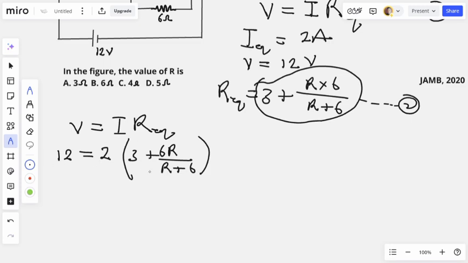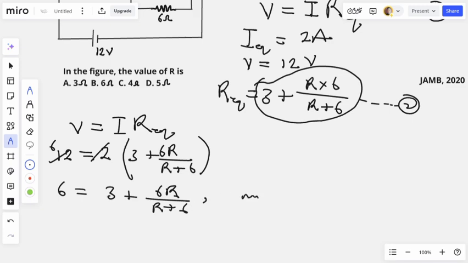So we are going to solve this equation to find our R. If you divide both sides by 2, 2 will cancel itself. So what is left is 6 equals 3 plus 6R over R plus 6. So for us to eliminate this denominator here, we multiply everything by R plus 6.